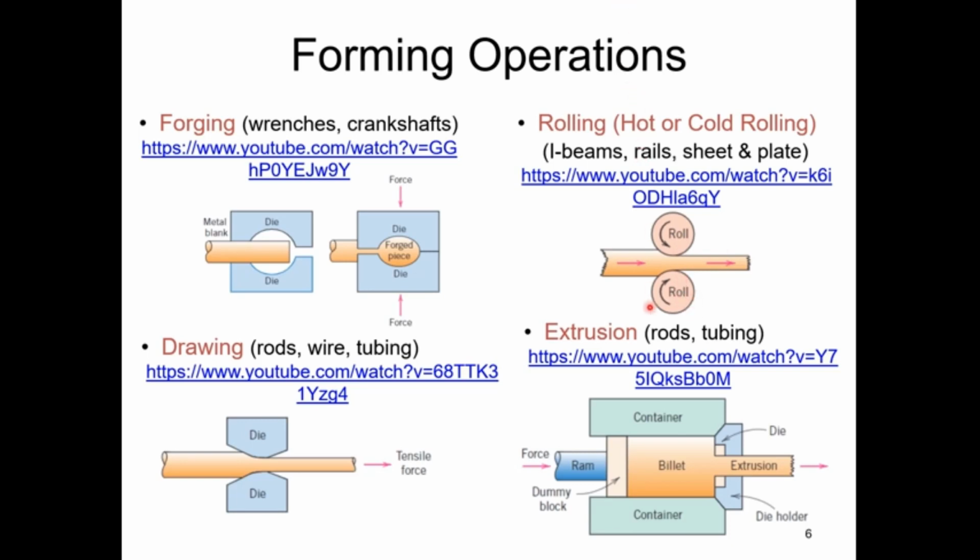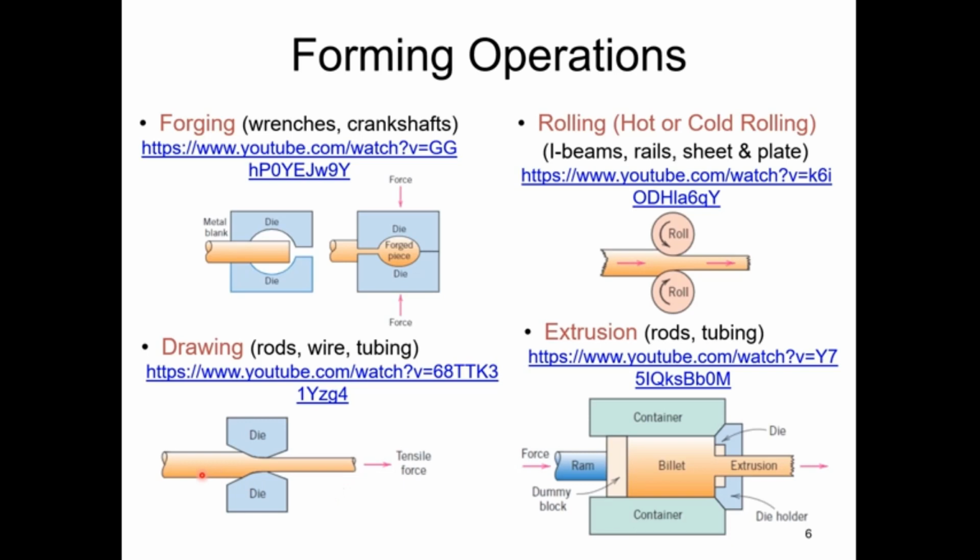Cold rolling may be used in the production of sheet, strip, and foil with high quality surface finish. The drawing method is where the metal piece is pulled through dies by means of tensile force applied on the exit side.